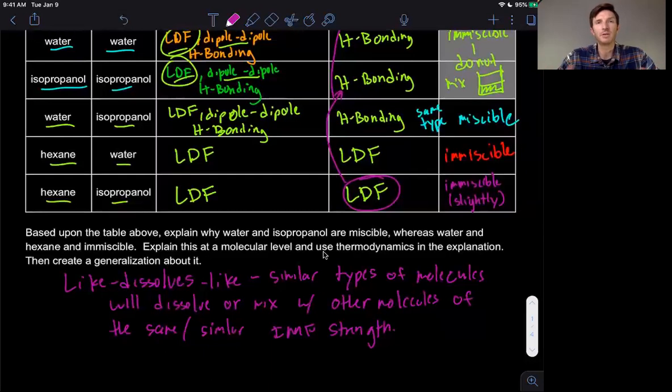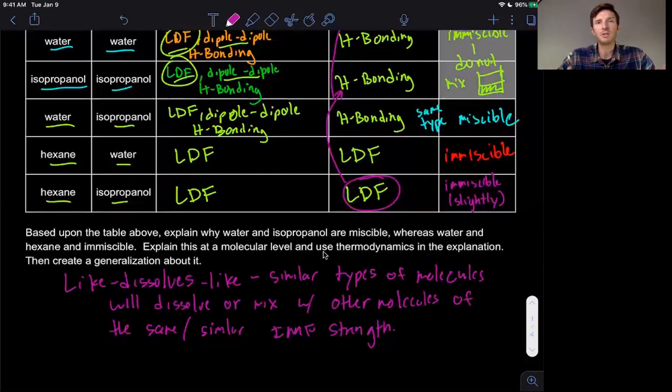Are they going to have around the same strength? Are we still going to have hydrogen bonding like with our isopropanol and water? Or is it going to be so different, like hexane and water, where we have this really small polar hydrogen bonding water next to this larger nonpolar hexane molecule? Those two things are not going to mix with each other because they're so different in the types of attractions that they would have, whether in the pure substance or in the mixture.